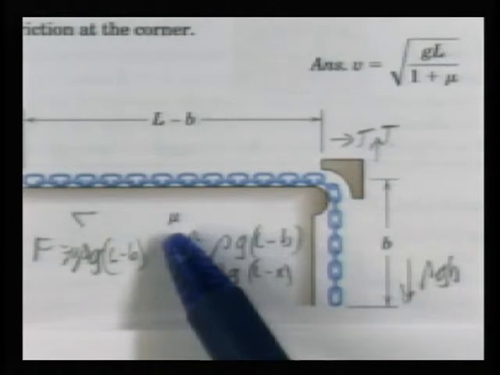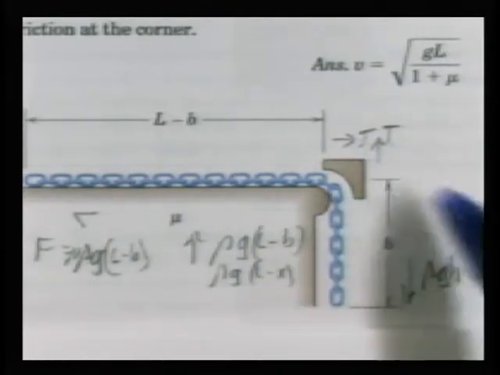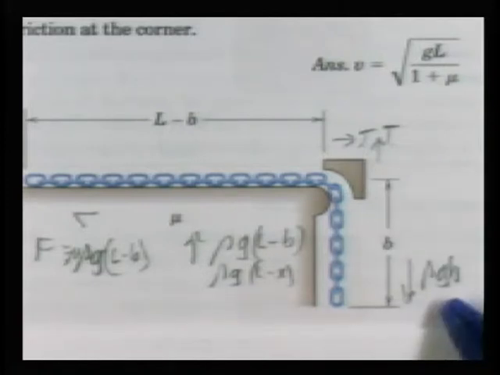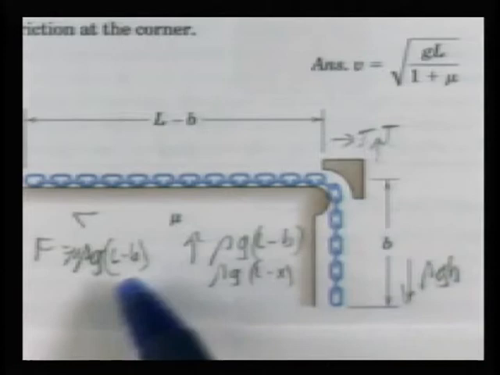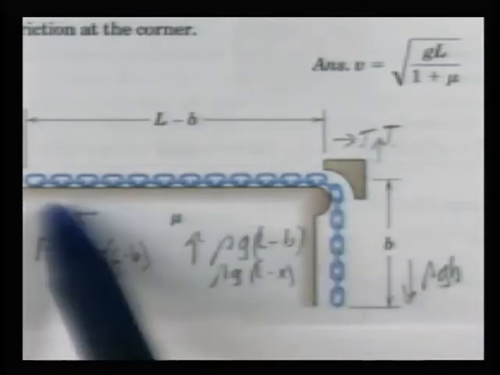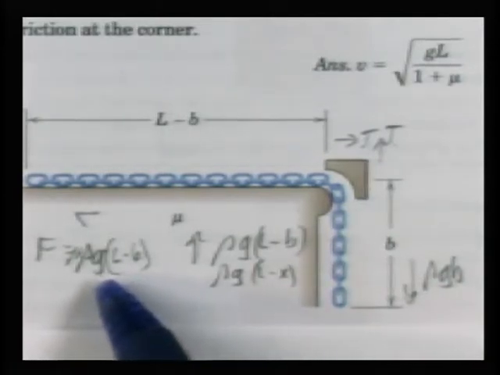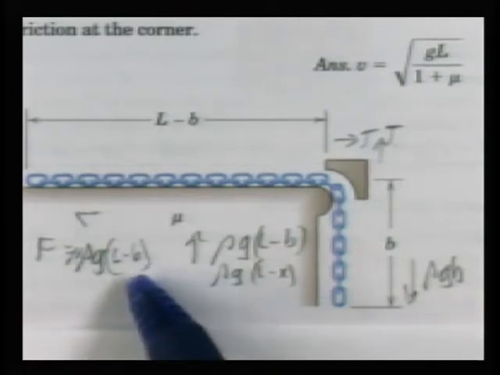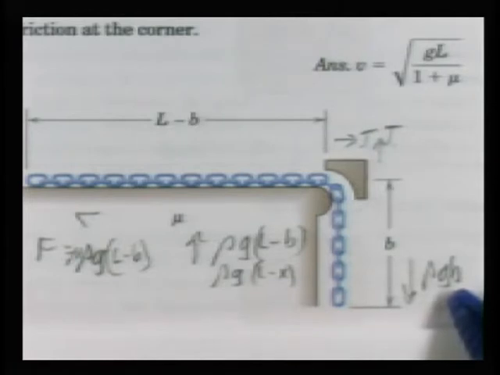Now you know that for break loose, this pulling force here, which is the weight of the piece hanging, must match the mu times normal of the segment that is resting up on the rough surface. And here's the friction force, mu times its normal. And so that is the required b length necessary to cause this thing to pop loose.